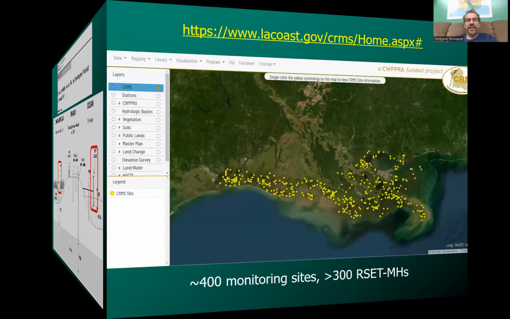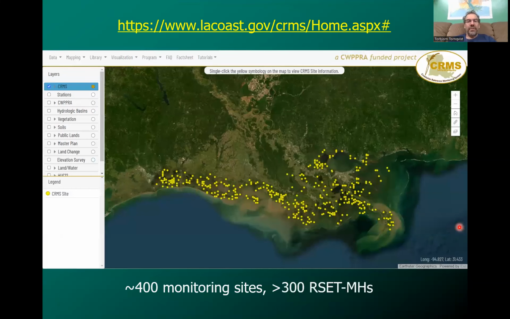So speaking of data rich, my presentation will rely entirely on examples from coastal Louisiana, which is a blessed coastal region in the sense that we have an overwhelming amount of data through this system known as the Coastal Reference Monitoring System, or CRMS.